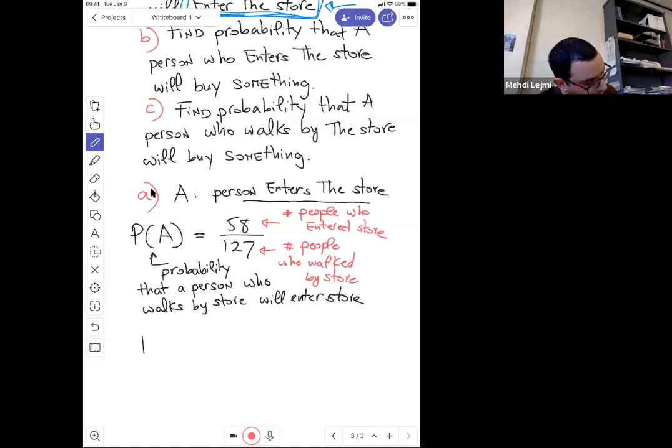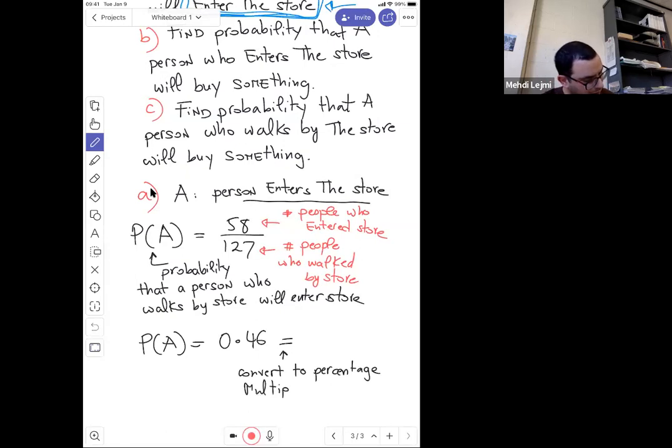So if you divide 58 by 127, it's 0.46, right? And we want to convert this to a percentage, so just multiply by 100 and add the percentage symbol.